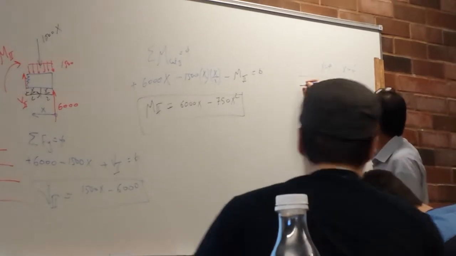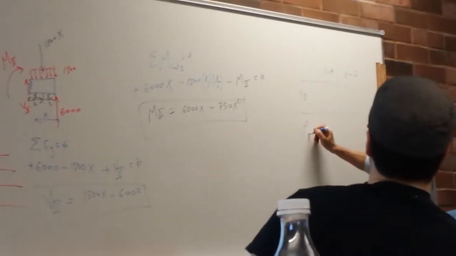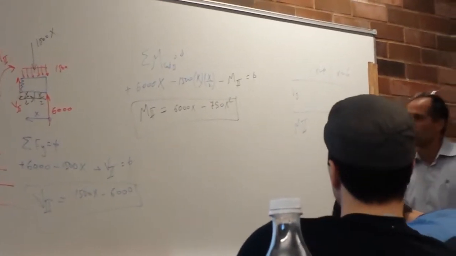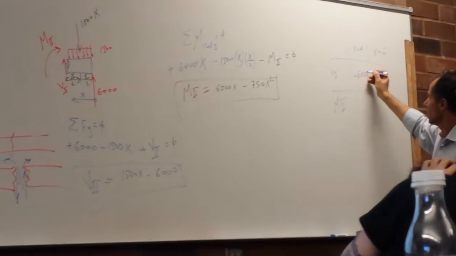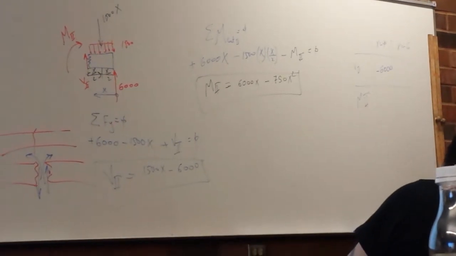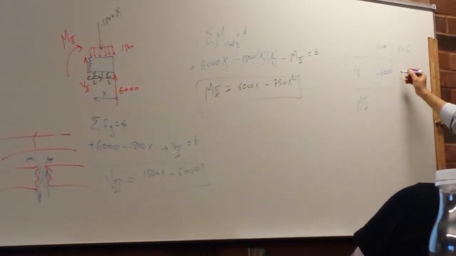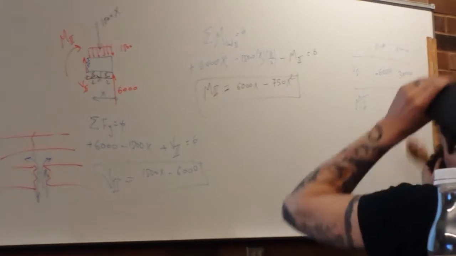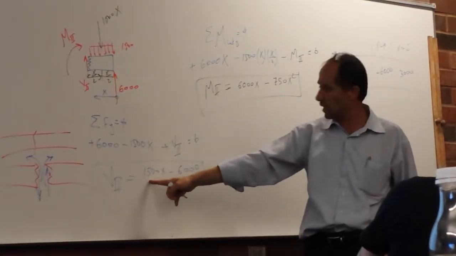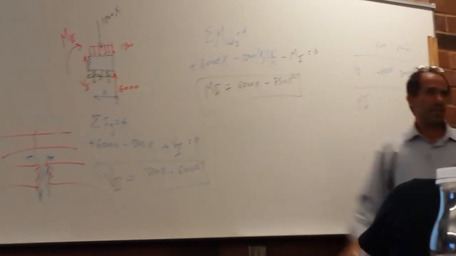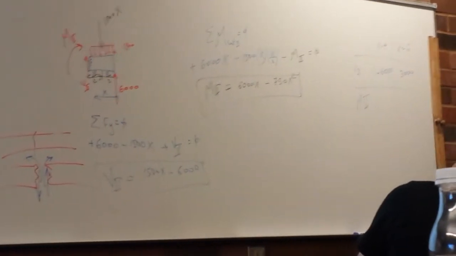And here is V2, M2. For V2, x equals 0, negative 6,000, correct? X equals 6 is 9,000 minus 6,000, which is 3,000, correct? Everybody?